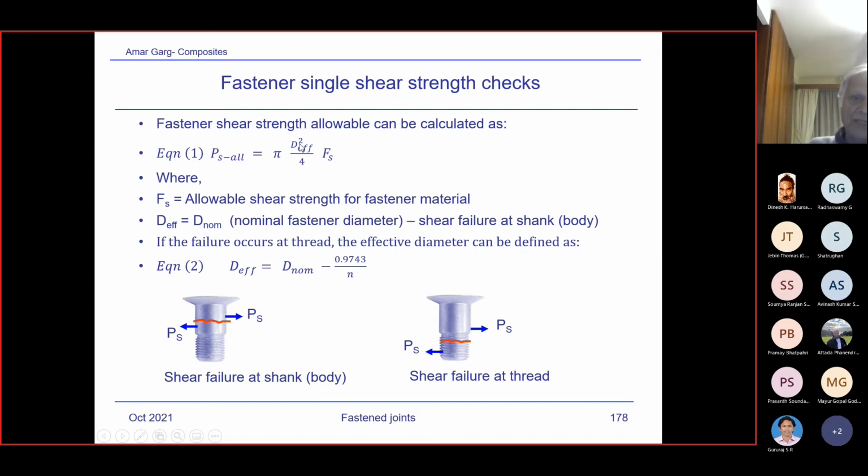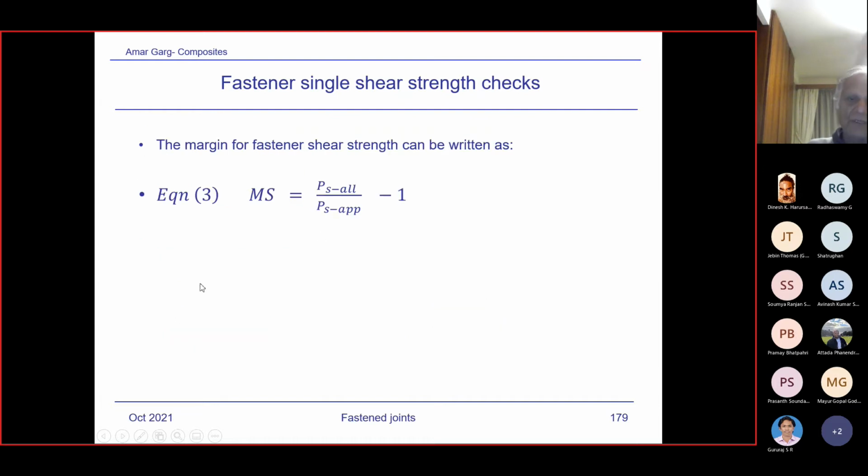P S allowable is equal to pi D effective squared by 4 into Fs. Fs is the allowable shear strength of the fastener material, and again D effective, not the nominal diameter. I've explained it over here. So again, the margin of safety is allowable upon applied minus 1, simple.